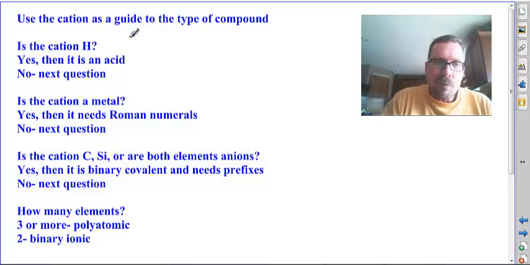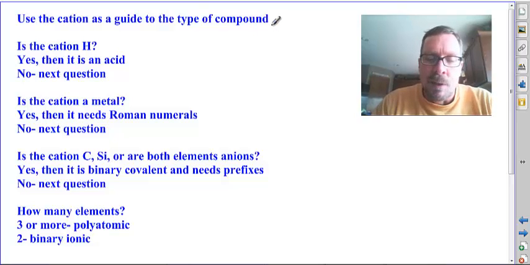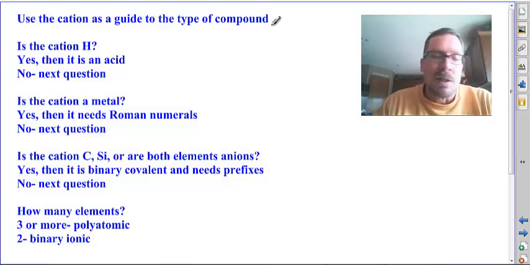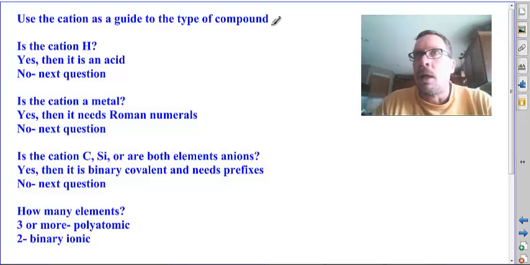That's where the difficulty comes in, and you need a guide like this one that I've given you in your packet. Now this is one where I follow the cation, as you remember early in our naming notes we told you a couple things. Number 1, naming of ionic compounds, and in this case binary molecular also, is based on 2 things: the number of elements and the cation. The cation, when it's a hydrogen, makes it an acid. When it's a transition metal, makes it a Roman numeral.